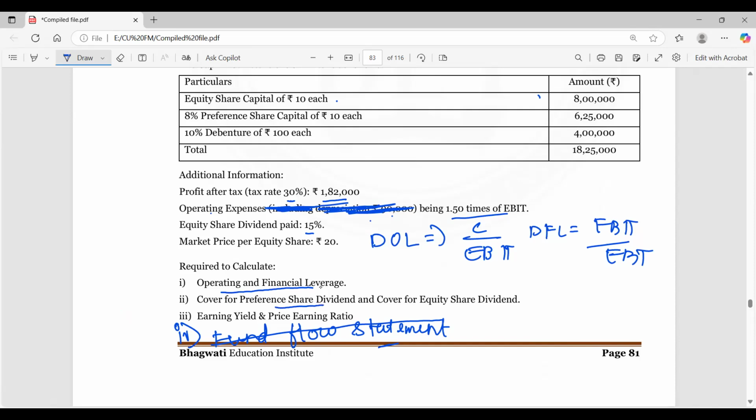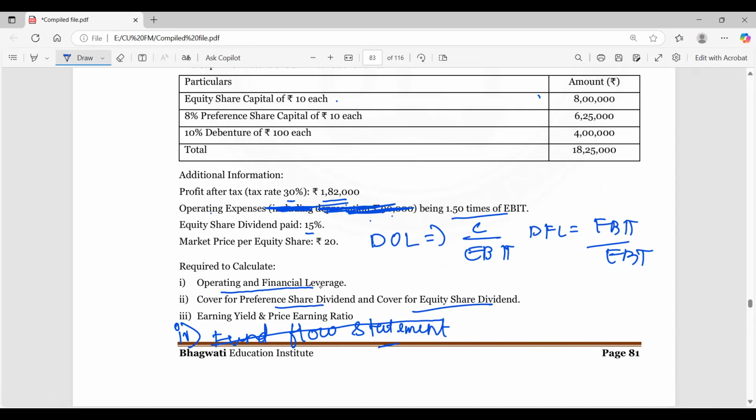What is the formula? Preference dividend coverage ratio is profit after tax divided by preference dividend, similar to interest coverage ratio, which is EBIT by interest. Here it is profit after tax or EAT divided by preference dividend. Cover for equity share dividend: PAT minus preference dividend divided by equity dividend.